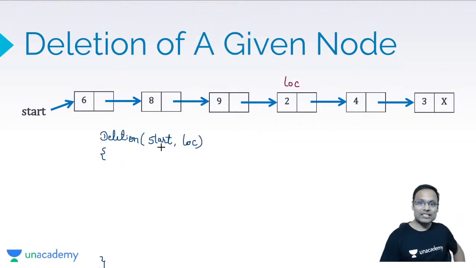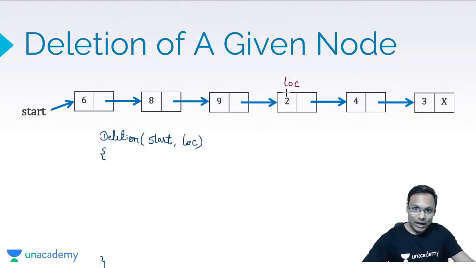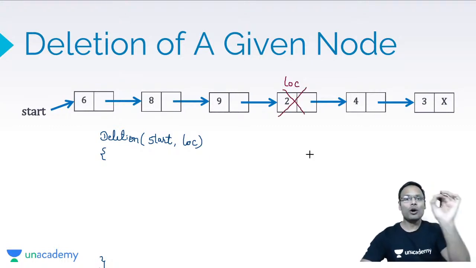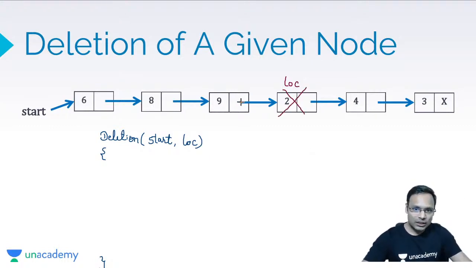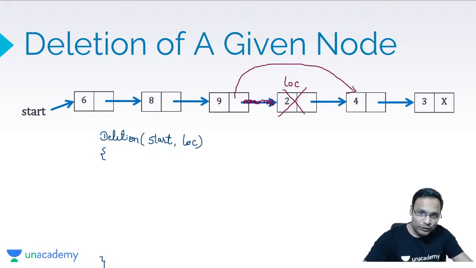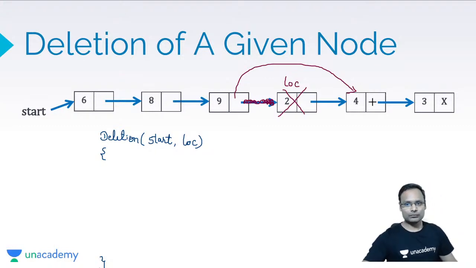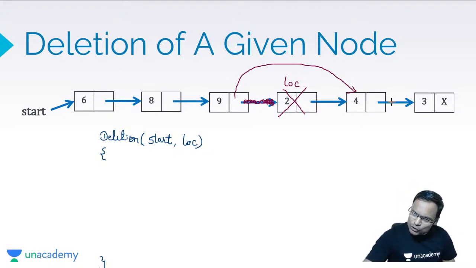Now let's try to delete the given node. I'll have to delete this particular node. If I'll have to delete this node, what I'll have to change is the predecessor of LOC. I'll have to update the link part of the previous node of LOC by LOC ka next. Yeah, I can get the address of this node from LOC's link.